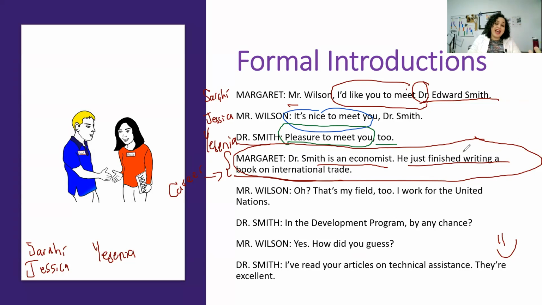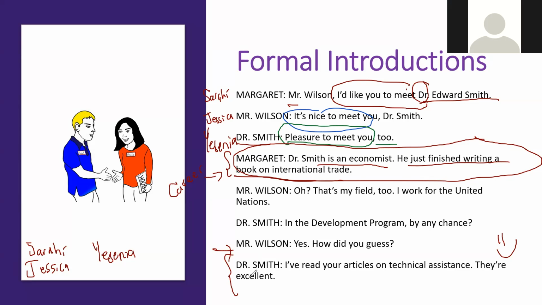That's when, in the middle of that, Mr. Wilson says, yes, how did you guess? How do you know that? How do you notice that? And of course, it had to have something behind it, which was that Dr. Smith did his homework before getting introduced. Dr. Smith already knew who Mr. Wilson was. But Mr. Wilson didn't know Dr. Smith. And Margaret was introducing the two of them probably because Dr. Smith wanted to get together since they might be working together in the future.